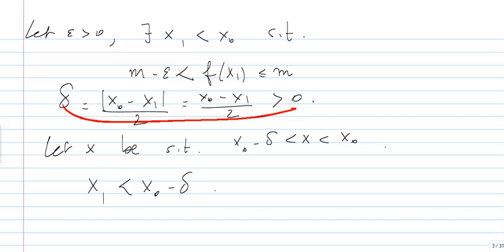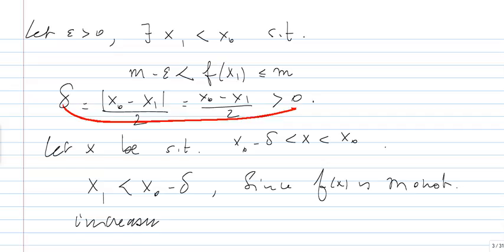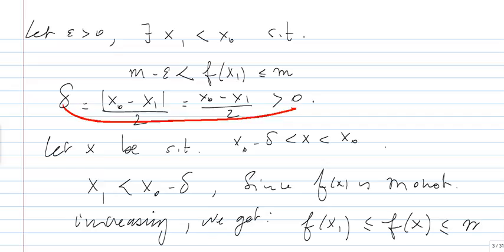So in this case, we use the fact that f of x is monotone increasing. We get f of x1 less or equal than f of x, less or equal than m.